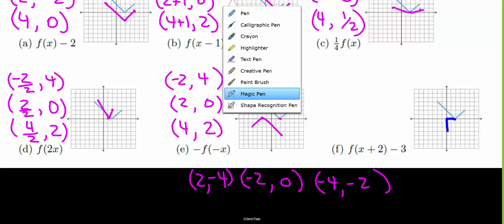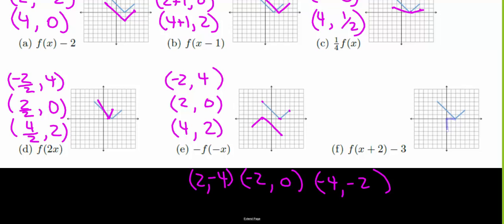So let's see what that's going to look like. I've got a point there. This one I move over 2 and down 3. See? Over 2 and down 3. Yeah, so it looks like this.